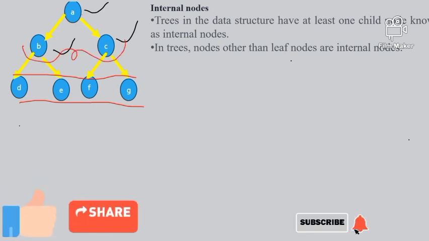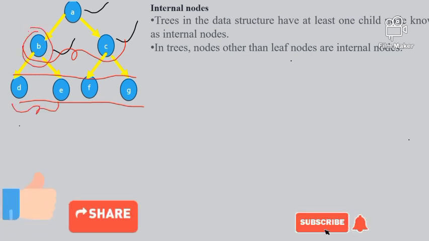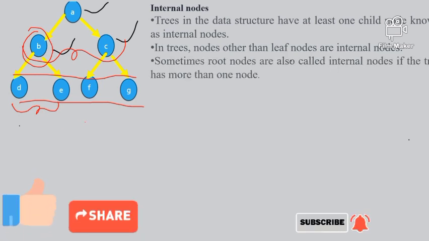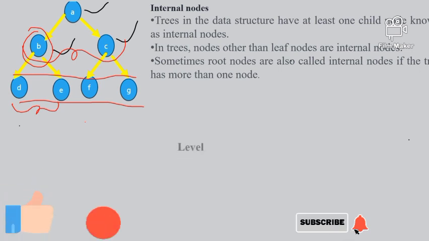Then A will become the internal node for B and C. And what is the internal node for D and E? B is going to become the internal node for D and E. So this is an internal node. Sometimes, by default, if a node has more than one child, it is also called an internal node.